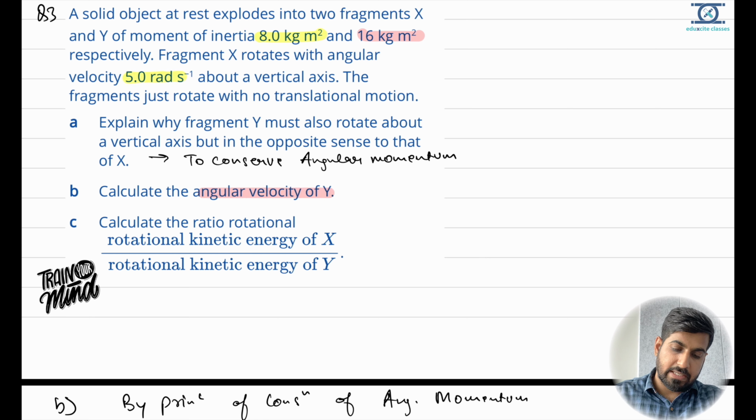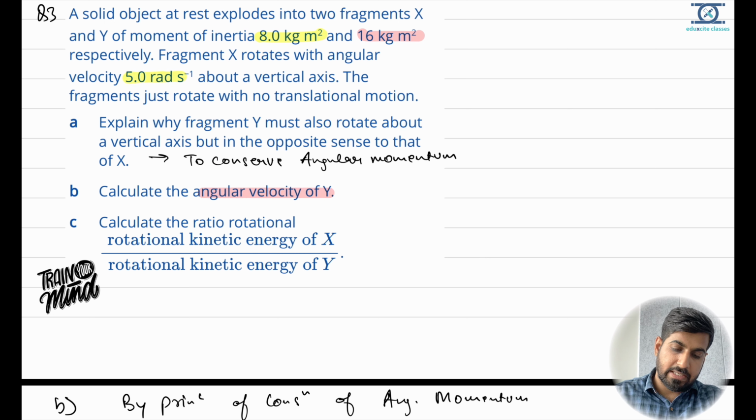So I can simply say that 8 times 5 is equal to 16 times omega y, right? So omega y will be nothing but 2.5 radian per second. So this is quite easy. I hope you have understood this.